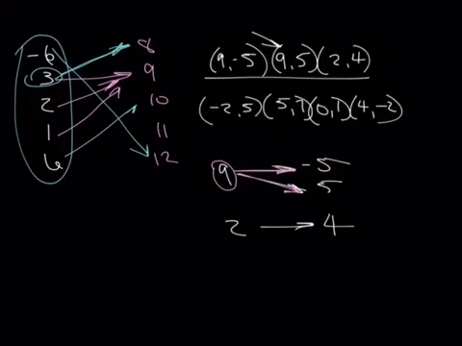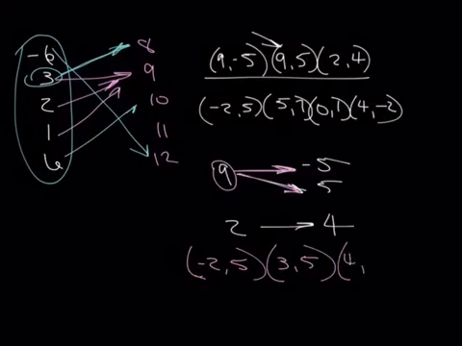I could write this as -2, 5, 3, 5, 4, 5, and 6, 5. Okay? It doesn't matter that my y values are the same, that my range is the same, as long as each one of my x's is different.